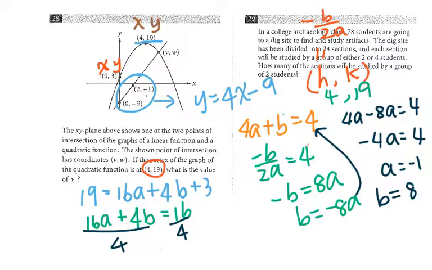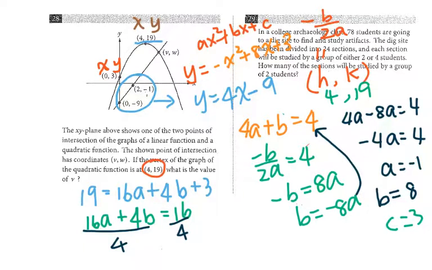And we already know that c equals 3. So the quadratic function will be y equals ax squared plus bx plus c. Now we change into negative x squared plus 8x plus 3.